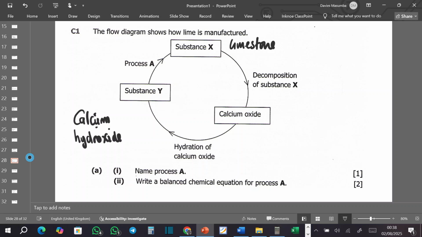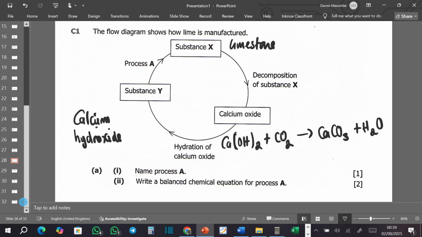You have limestone comes to calcium oxide, you hydrate it to form calcium hydroxide. Calcium hydroxide goes back to limestone. What reaction is that? Precipitation, where you get calcium hydroxide, you react it with carbon dioxide, you form calcium carbonate plus water. So the process of forming this one is precipitation.